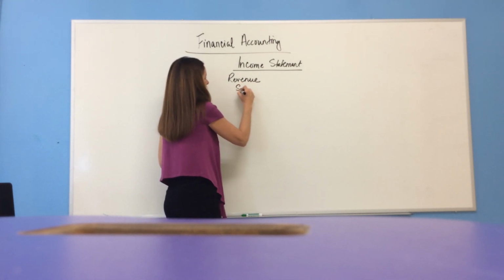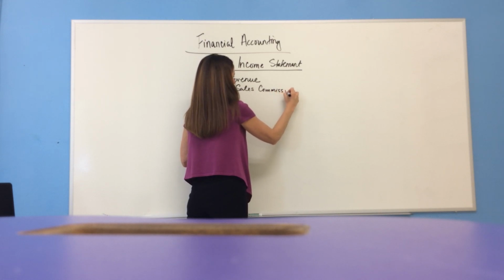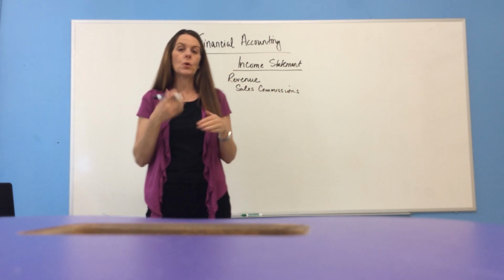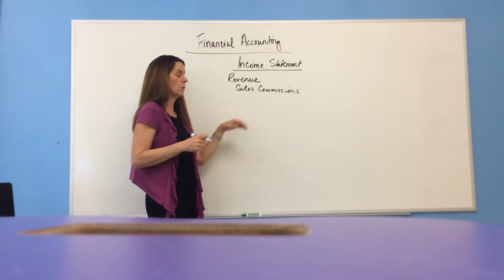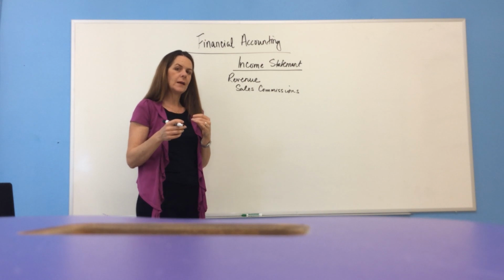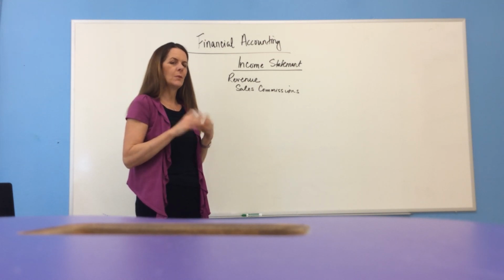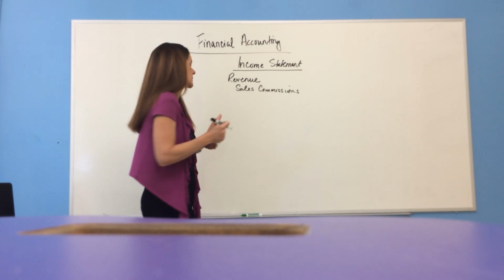So I'm just going to write sales commissions. Really anything that you earn money from in terms of a service company would go here under revenue. Usually it's just one line, possibly 2 if you have a rent revenue as well, but for the most part it's just going to be one line, the main course of business.